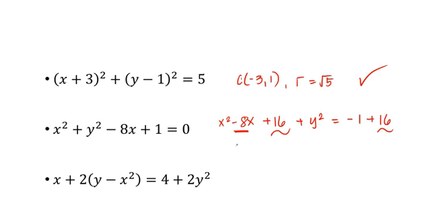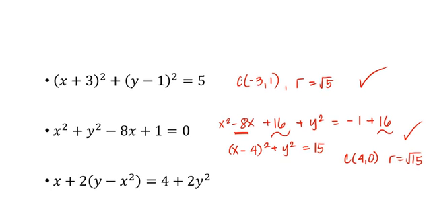So that means this one would then be x minus 4 quantity squared plus y squared is equal to 15. Therefore, the center would be 4, 0, and then the radius is just the square root of 15. Since the r squared is positive here, the r exists, and it forms a circle. So try the same for the next example.